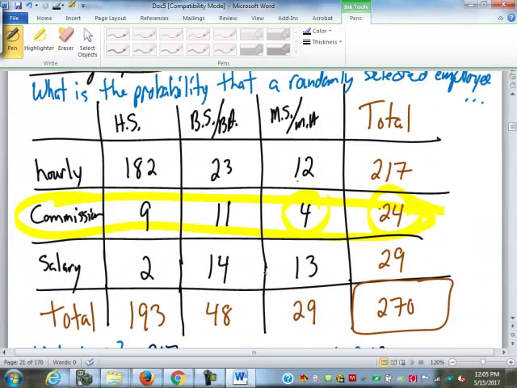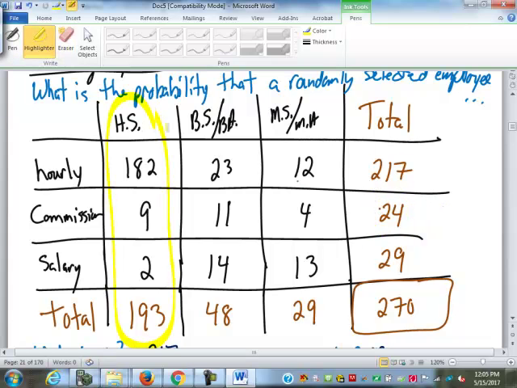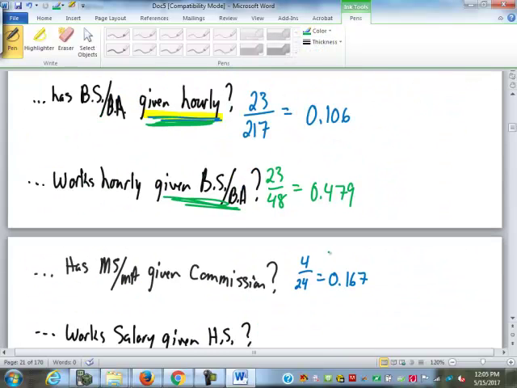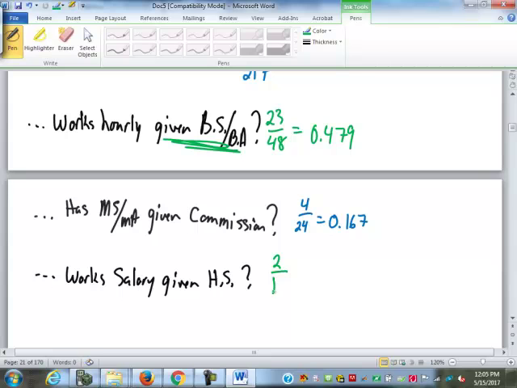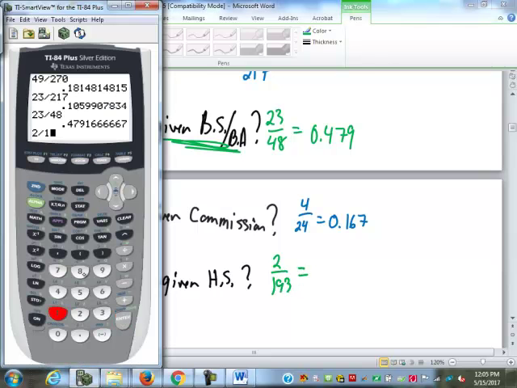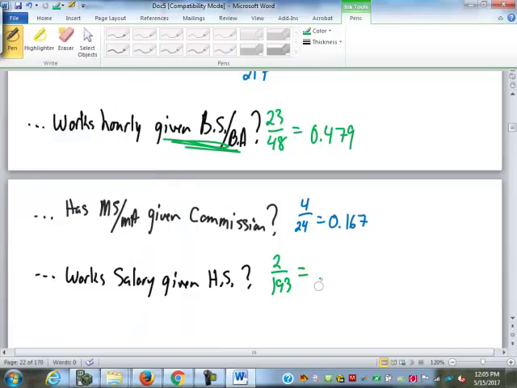So given that they're high school diploma means we're only looking at those that have a high school diploma. These here. What's the probability to work on salary? Well, there's only 2 of them out of the 193 that work on salary. So 2 out of 193, which is 0.010, or approximately 1%.